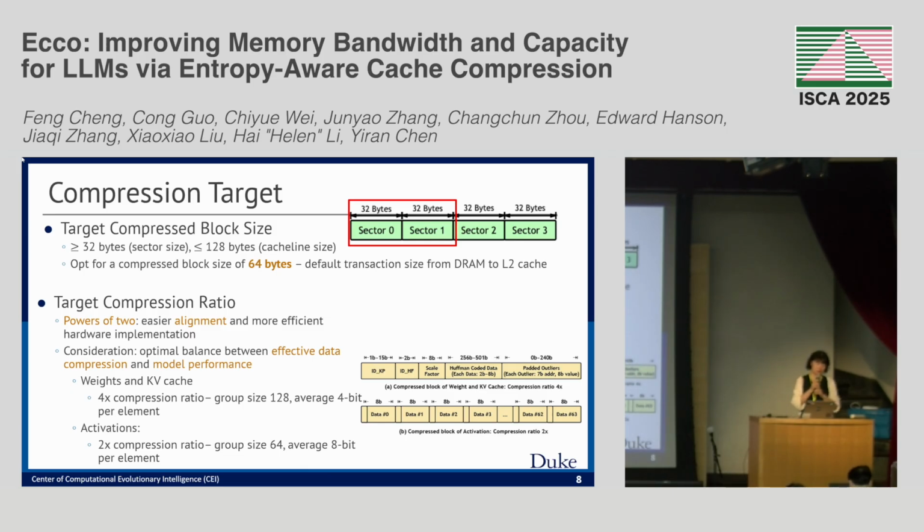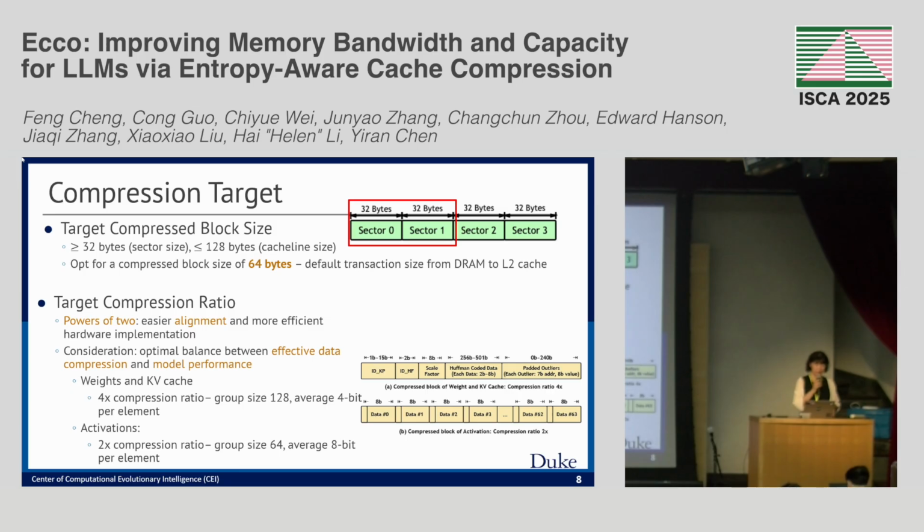We also use a power of 2 as the compression ratio on all three types of data, since a power-of-2 compression ratio simplifies the alignment in the memory space.